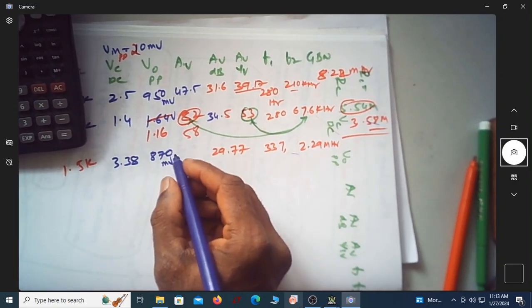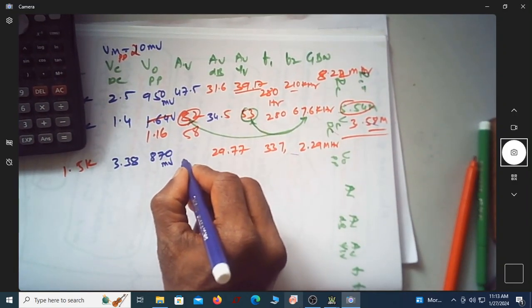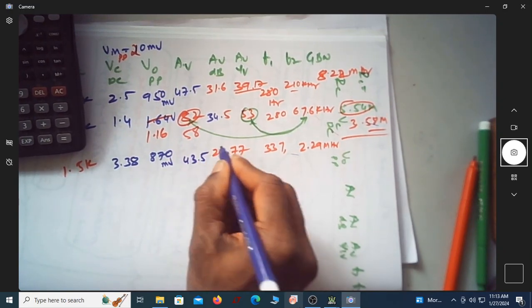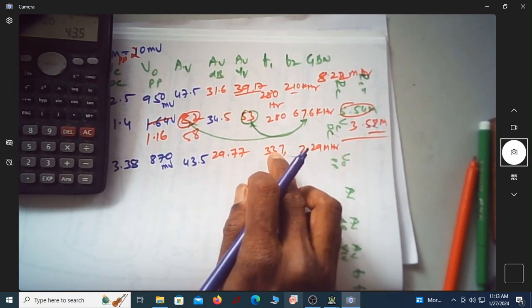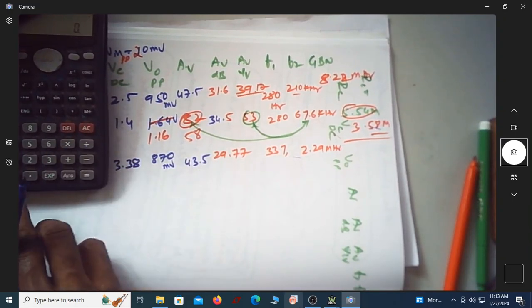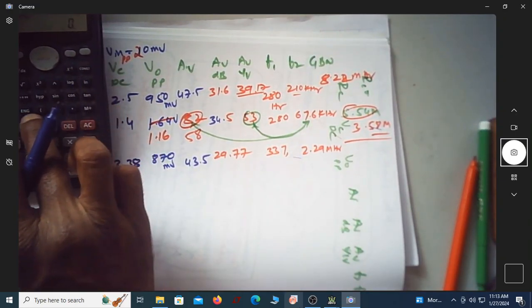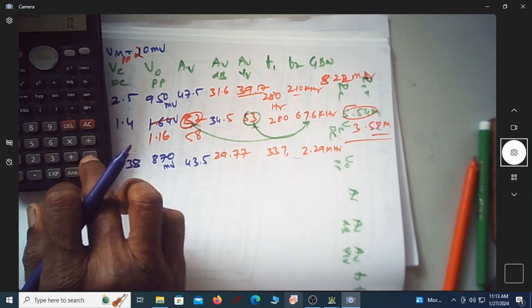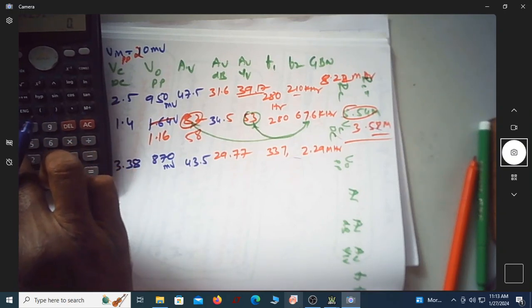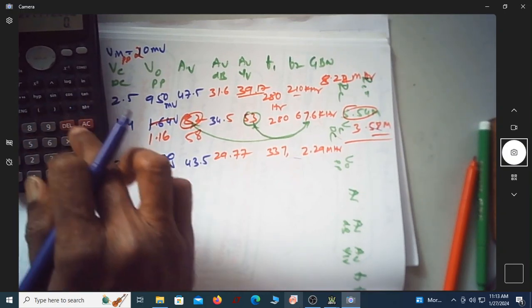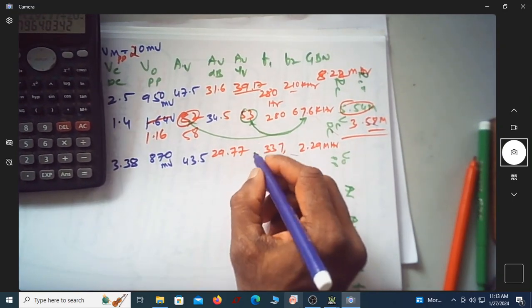Now the gain is reduced to 43.5, and how much will this be? It is 10 to the power of 29.77 divided by 20. It comes out to be, okay, 30.